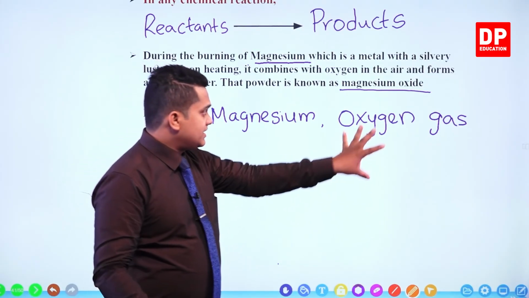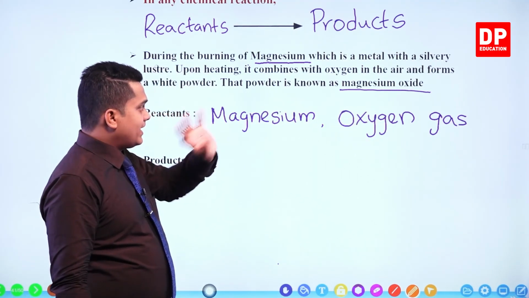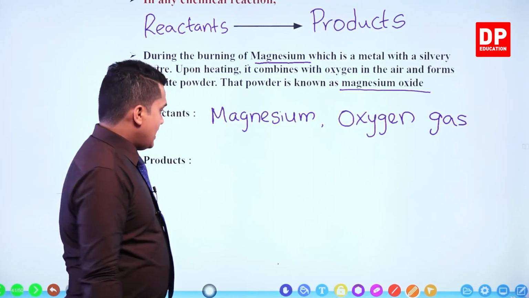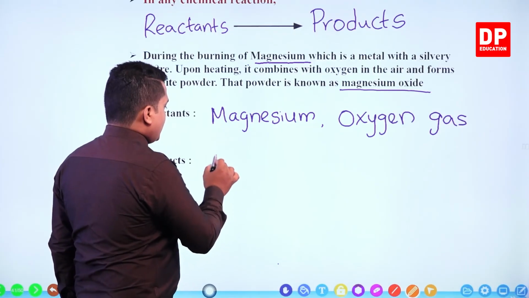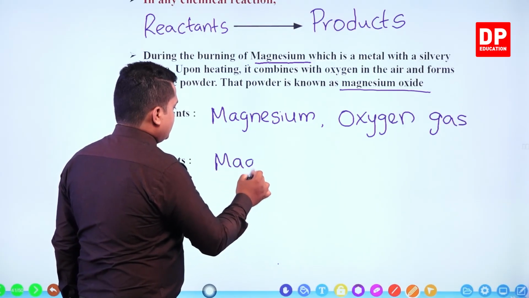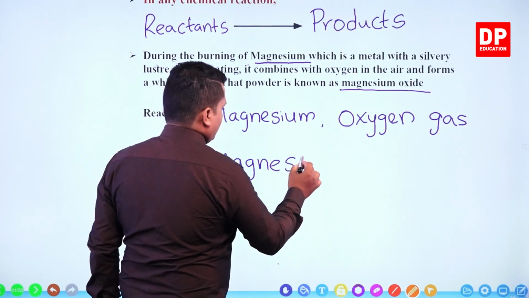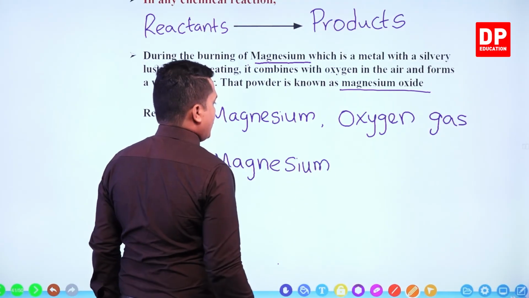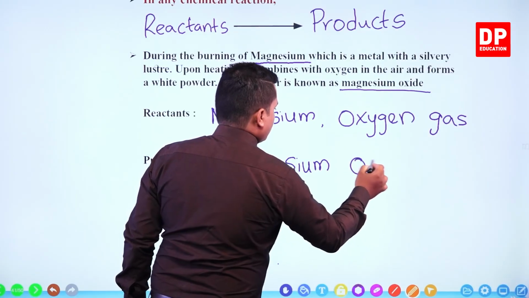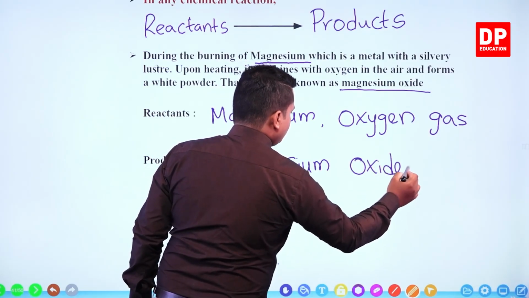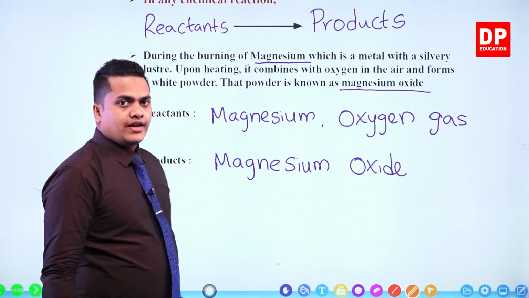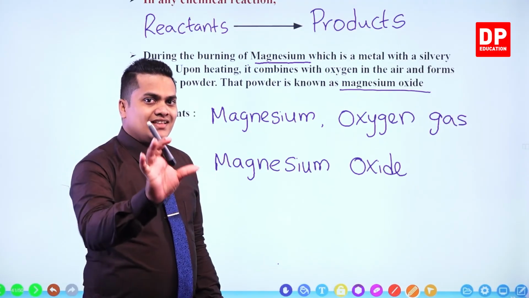Now, oxygen gas is going to interact with magnesium and the products which are getting created are magnesium oxide. It's like this, my dear children.